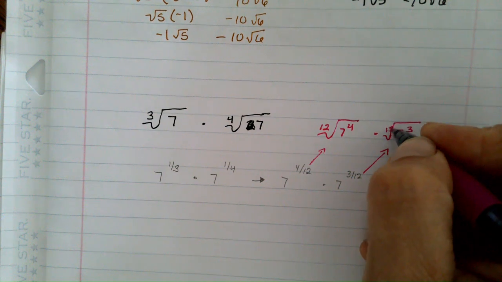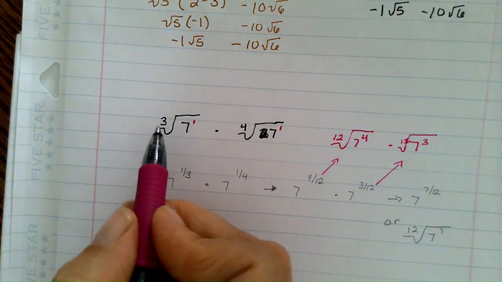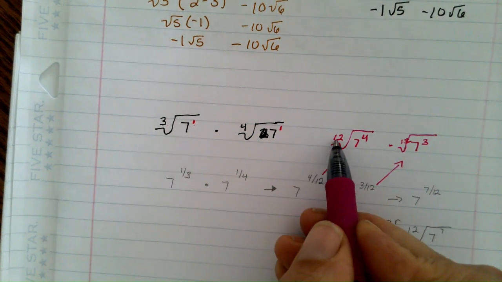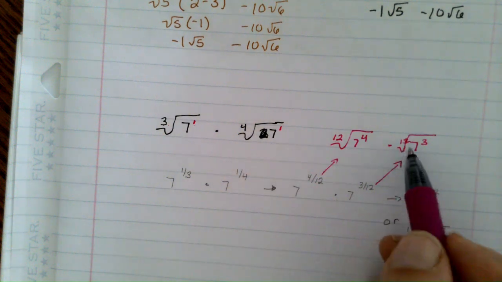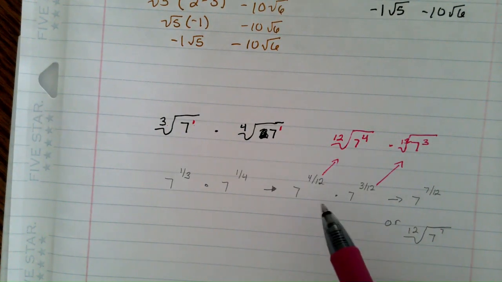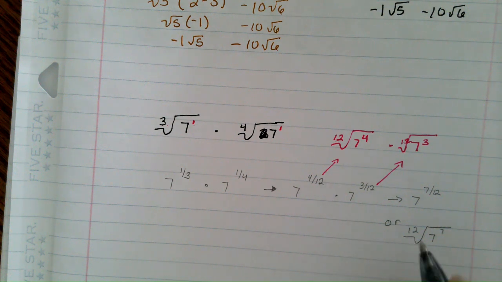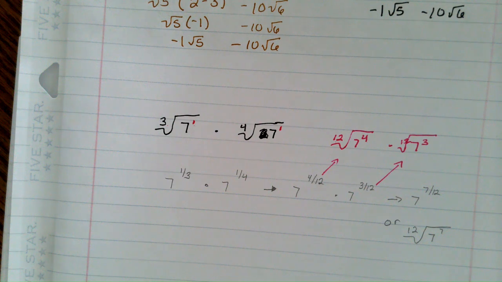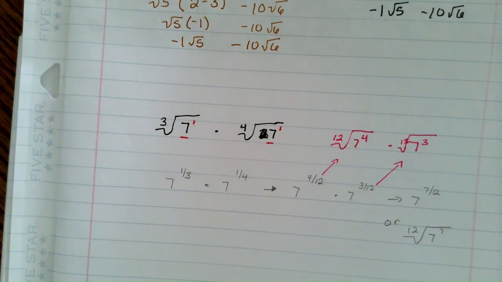Absolutely. You can do it that way, because this is a power of 1, this is a power of 1. Can you multiply these both by 4 and get 12 and 4? Yes. Can you multiply these both by 3 and get 12 and 3? Absolutely. It's because of that fraction relationship and using equivalent fractions. So definitely you can do that, as long as they have the same base. That's a big part. Okay?